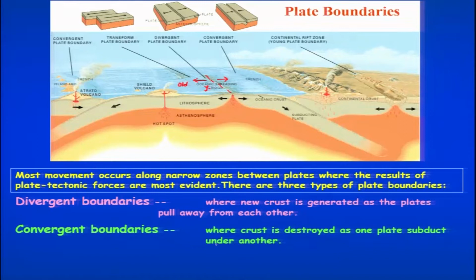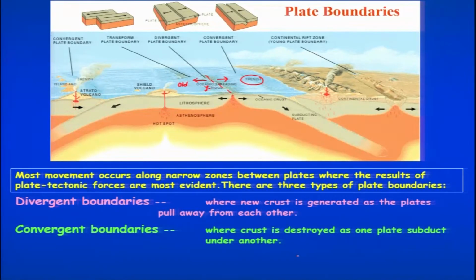And the area close to this subduction is termed the trench. These are termed trenches, and the trench will be the deepest portion between these two plates, in the area where you are having the plate boundary.